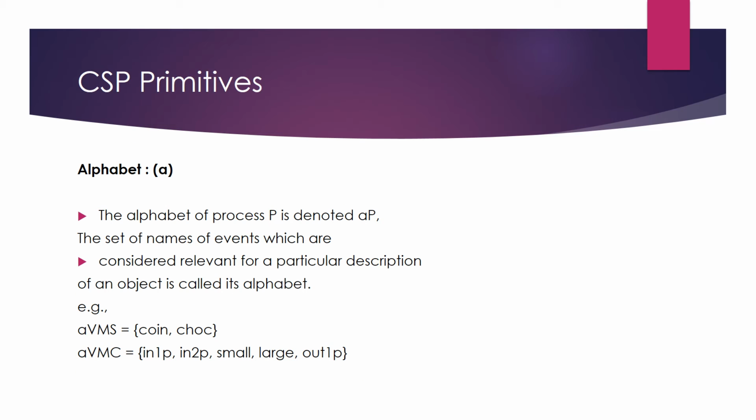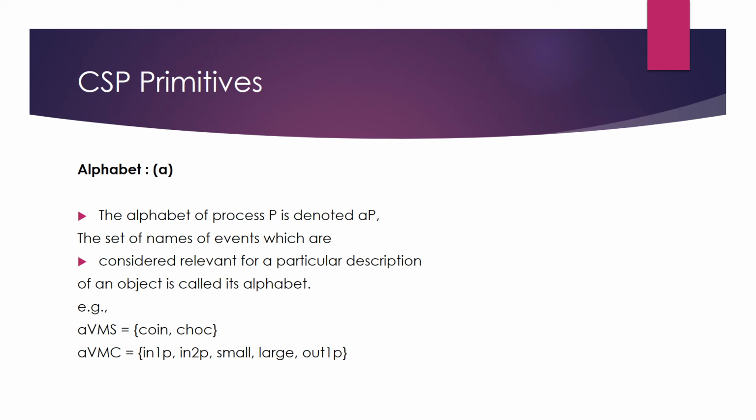So next one is alphabet. The set of events considered relevant for a particular description of an object is called its alphabet.